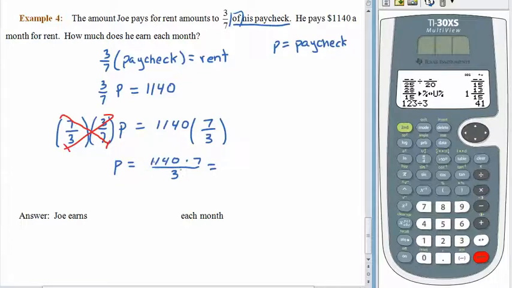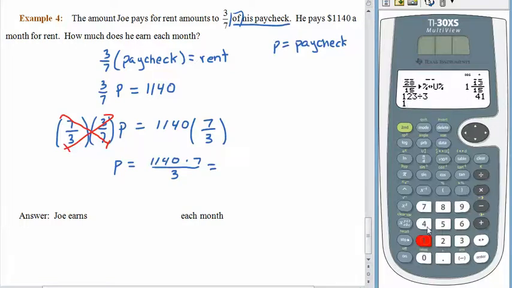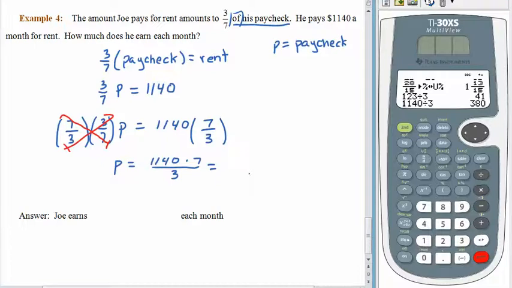Well, let's see. 1 plus 1 is 2, plus 4 is 6. 3 goes into 6, so 3 goes into 1,140. How many times? 1,140 divided by 3 is 380 times. So this is really 380 times 7. Remember, the 7 was still there.